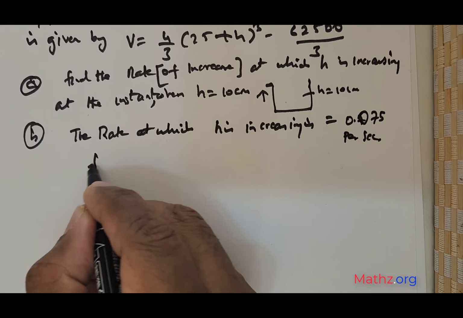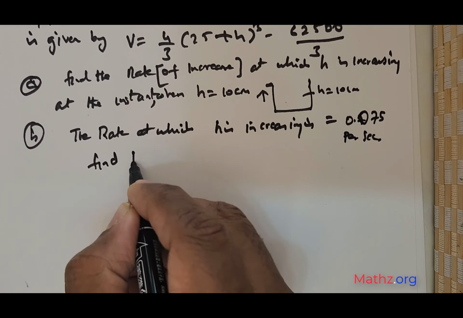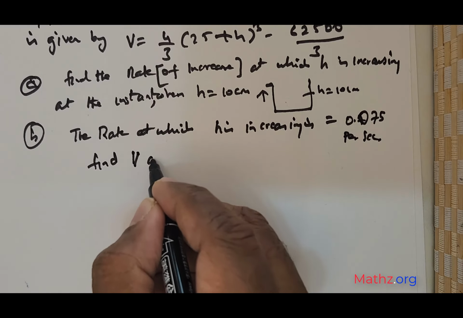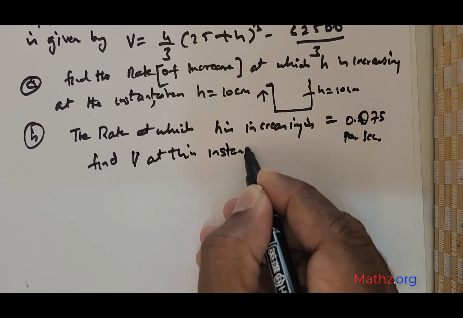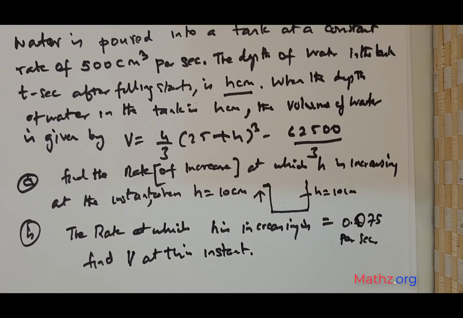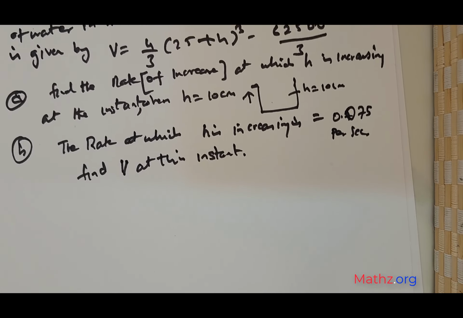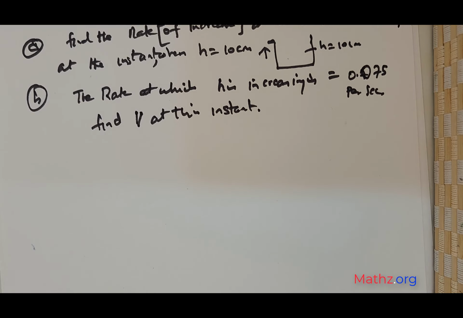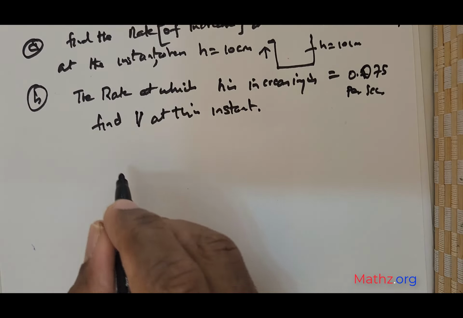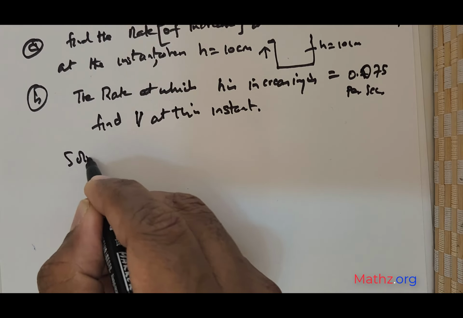We are asked to find V at this instant. So having got this information, the question is straightforward. We are asked to find the rate of increase. Now this is the solution.